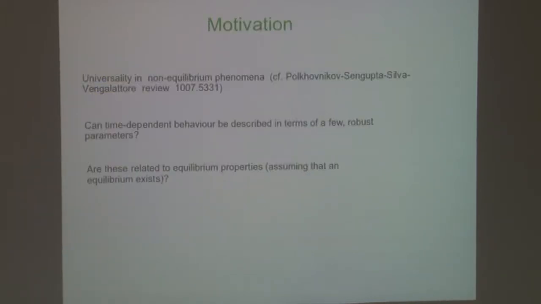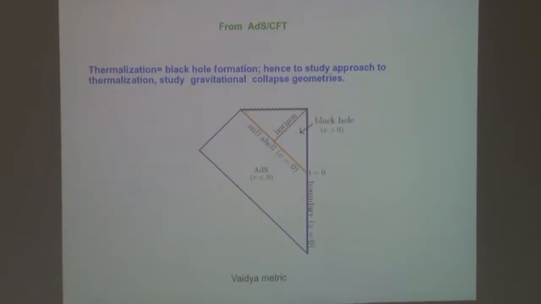And the issue is, as you go up in time, what is the structure of this quantum entanglement as a function of time? So this spacetime is something in which the past is ADS and the future is a black hole sitting inside ADS.